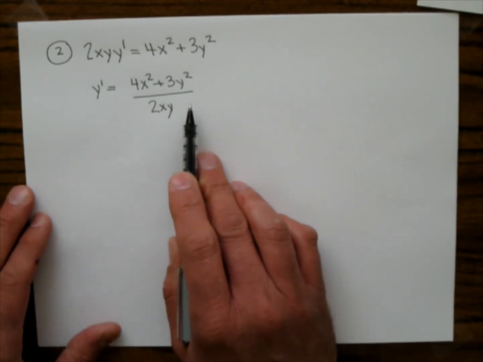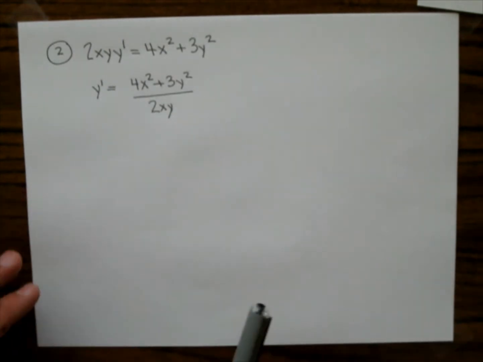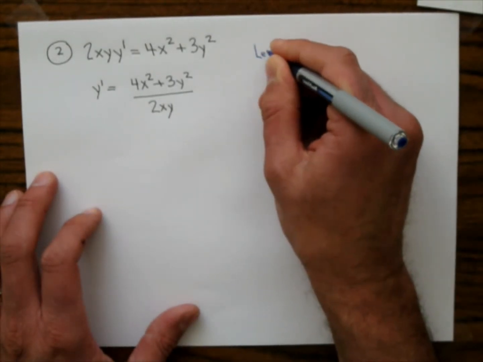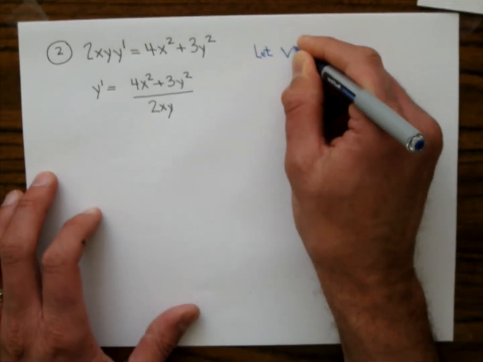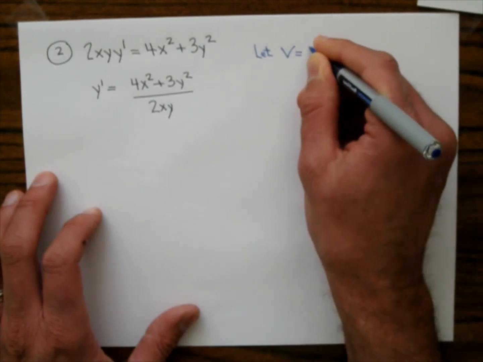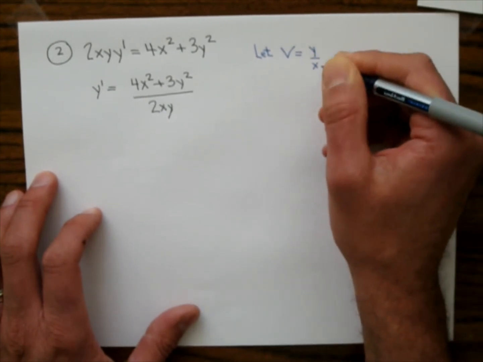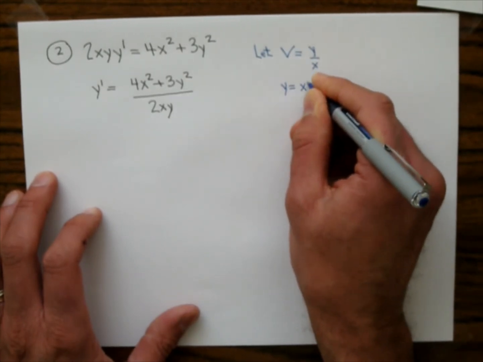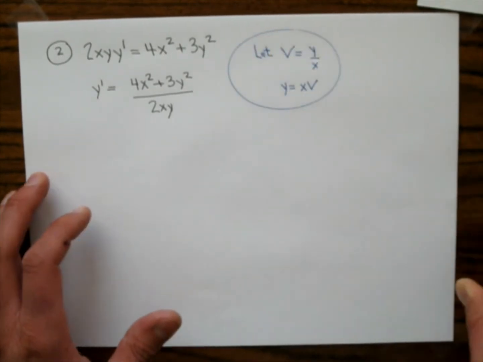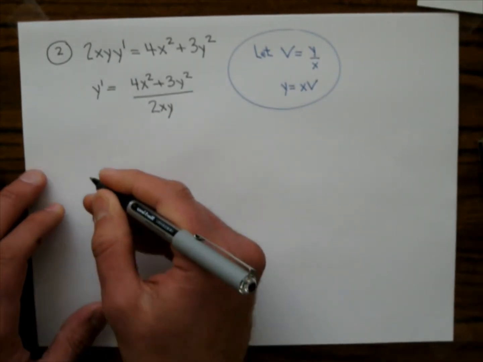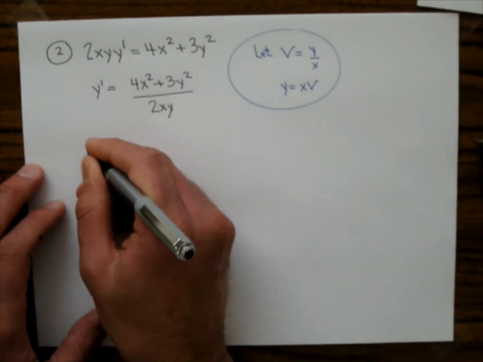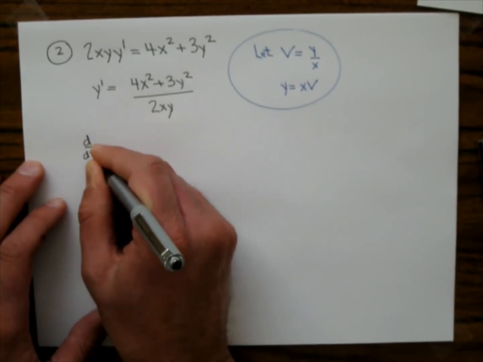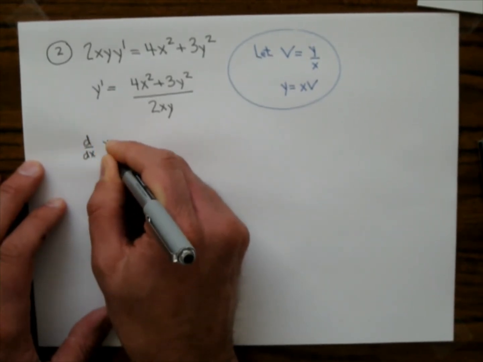Okay, so let's go ahead and do our substitution. Our substitution will let v equal y over x. Okay, and so then y equals x times v. So there's our substitution. Remember the y prime, what we did last time? We said y prime is d/dx times y.